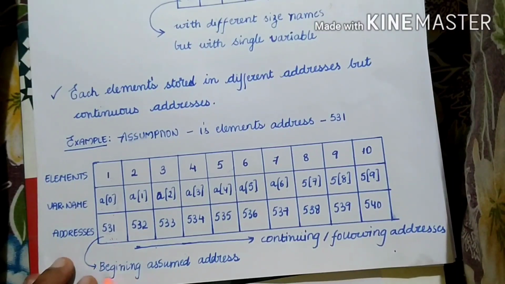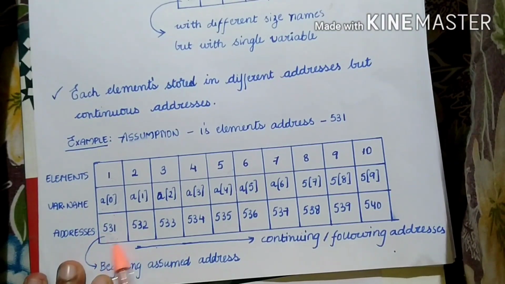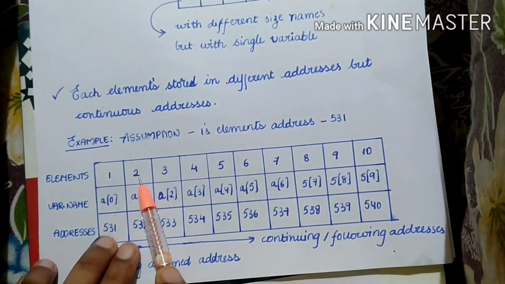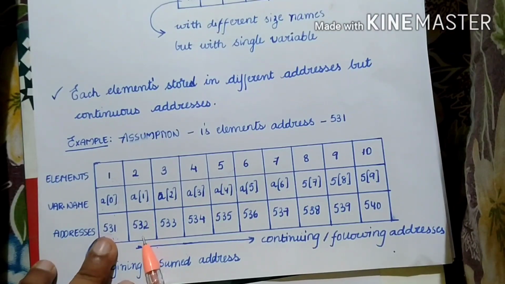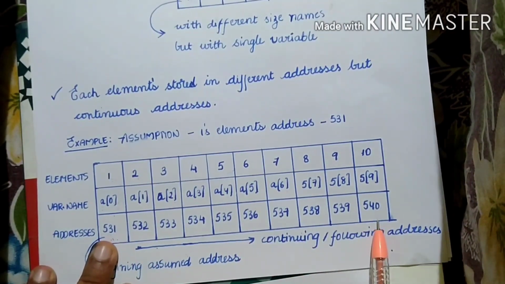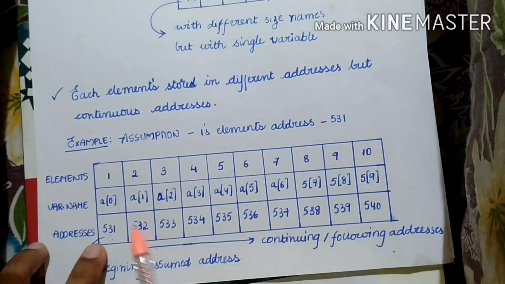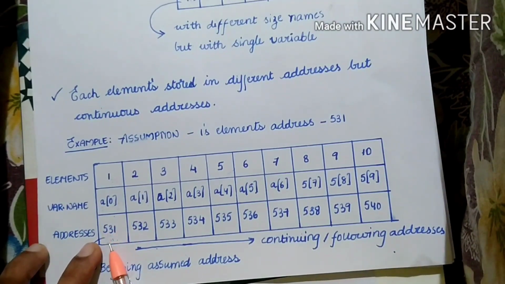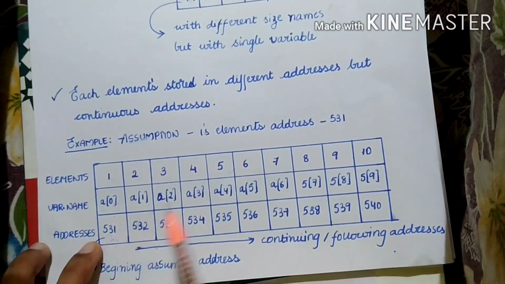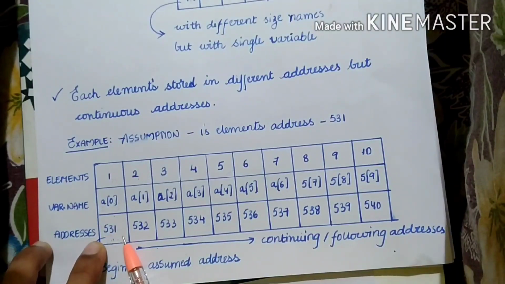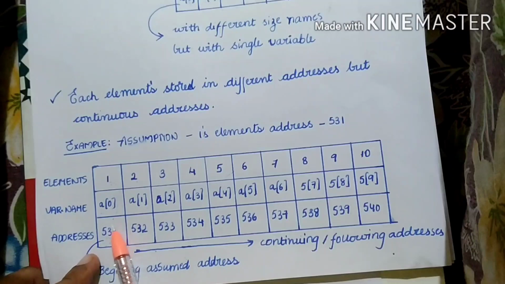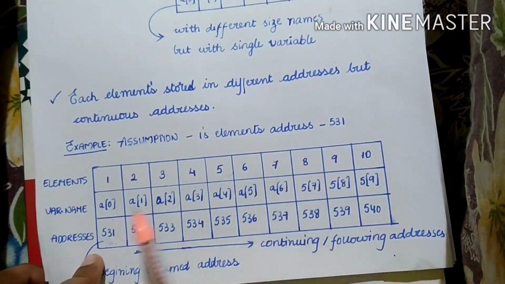Let's take this as the beginning assumed address, which I thought of as 531, and the second one, a[1] equal to 2, is stored at address 532, and the continuing addresses will go in this way. This beginning address will not be fixed, it will depend on the compiler. It may be any address, but I have assumed it as 531.